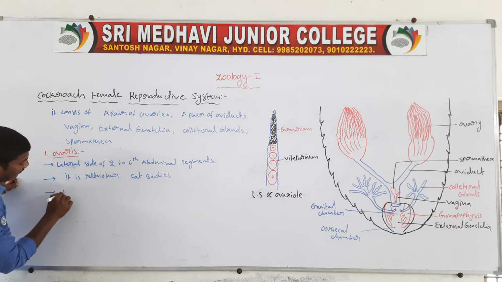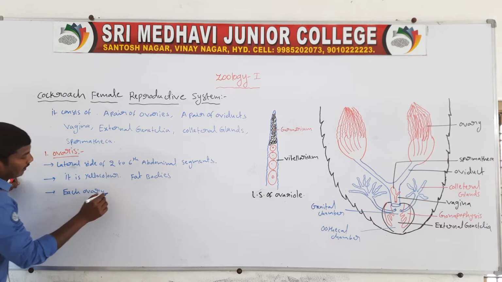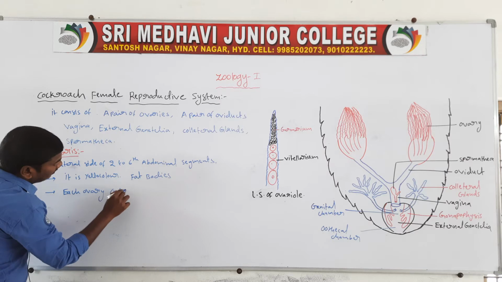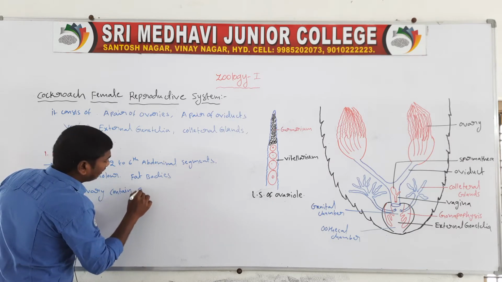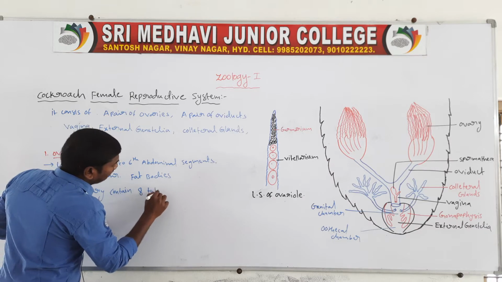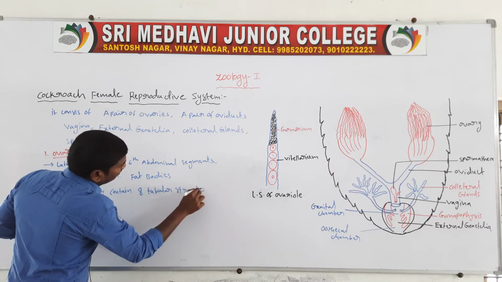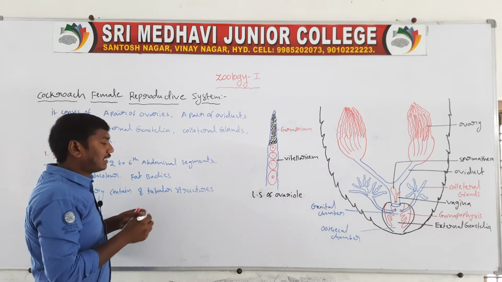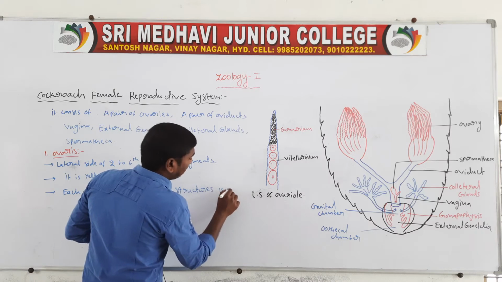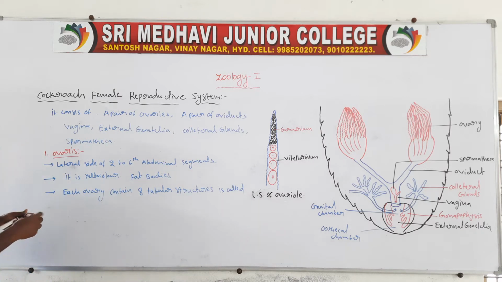Each ovary contains 8 tubular structures, called ovarioles.